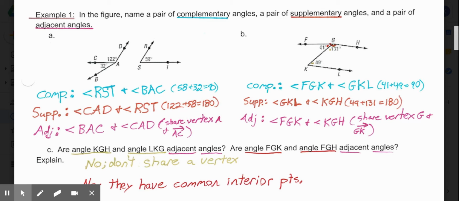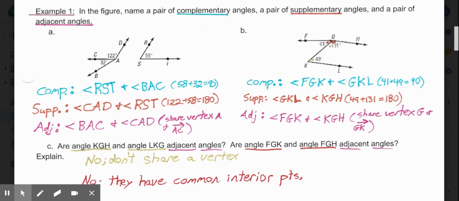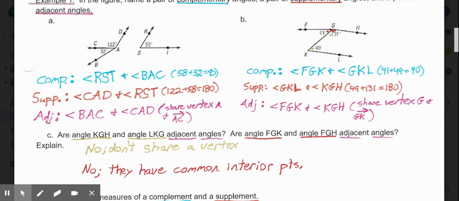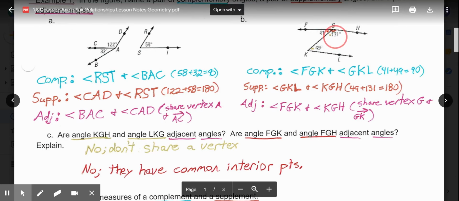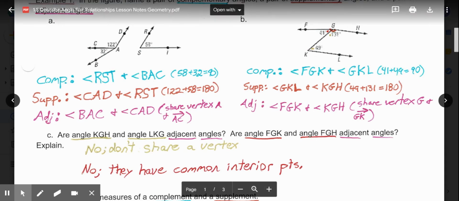And then question C asks, are angle KGH and LKG adjacent angles? So we're looking back at this diagram here. So our KGH, this one right here, the 131, and LKG, the 49. Well, right away, they don't have the same vertex, so no, they're not adjacent.